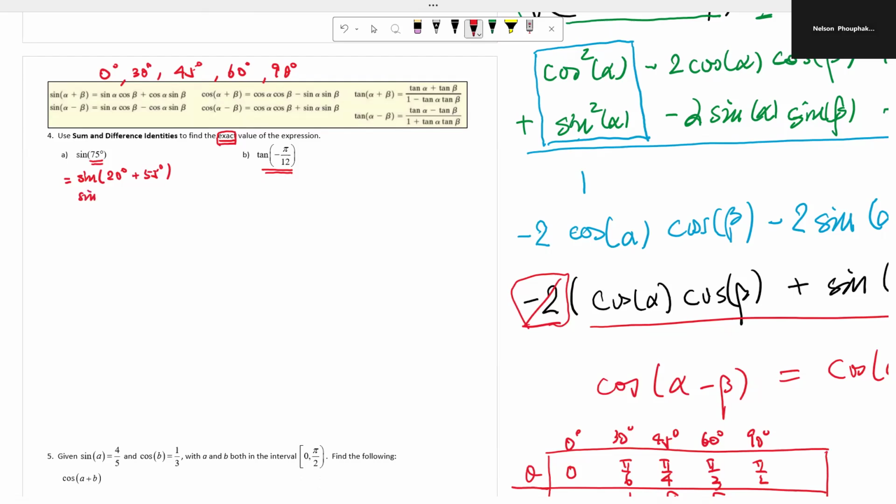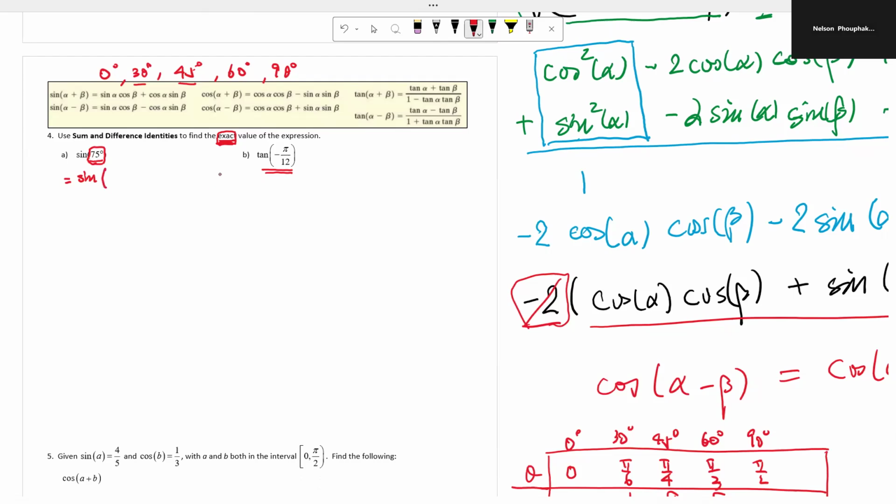Or maybe we could write it as 25 degrees plus 50 degrees, and so on and so forth. However, because we would like to find the exact value, in this case those are not working. What we need to do is use the special angles to help us work with this angle, 75 degrees.